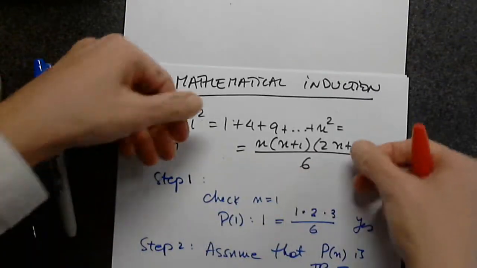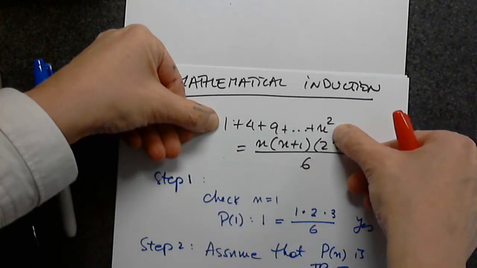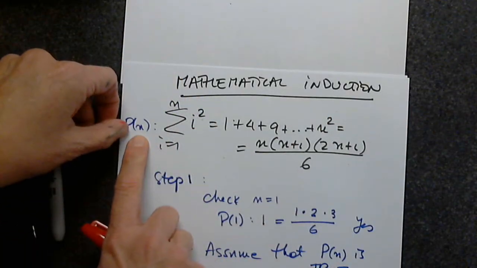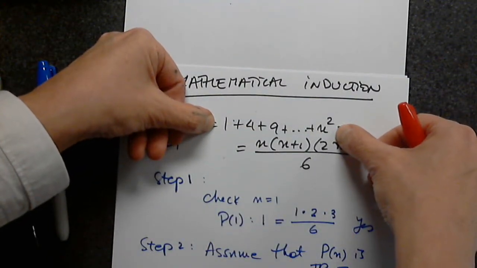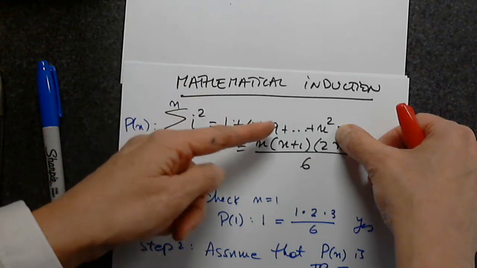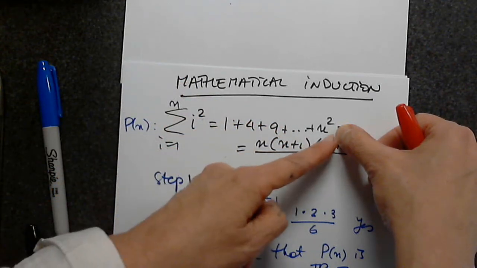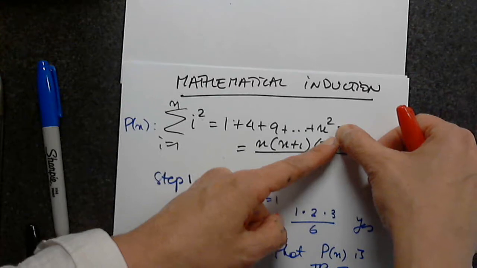So Pn means I have a sum of the first n terms, but P of n plus 1 means I have the sum of the first n plus 1 terms: 1, 4, 9, dot dot dot, n squared, and the next one will be (n plus 1) squared.